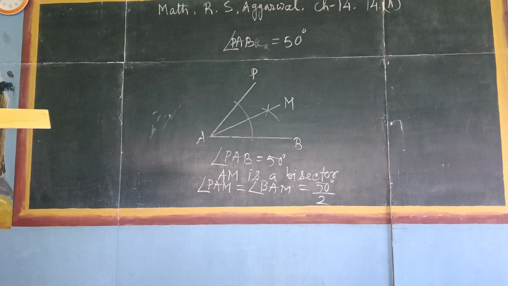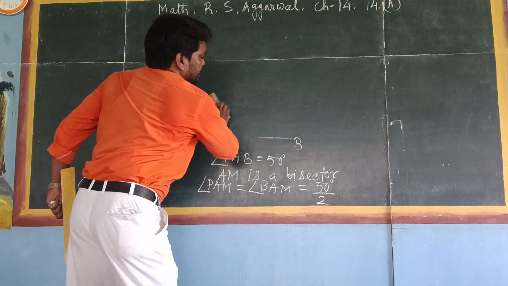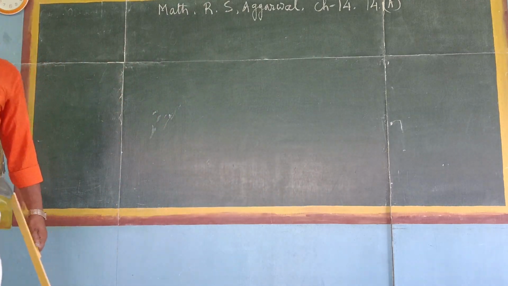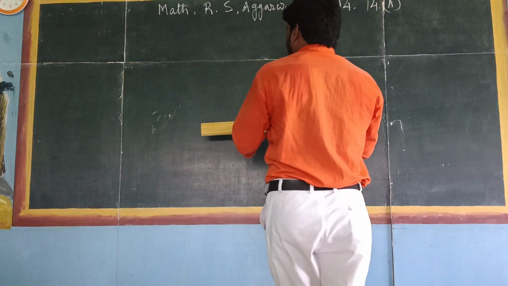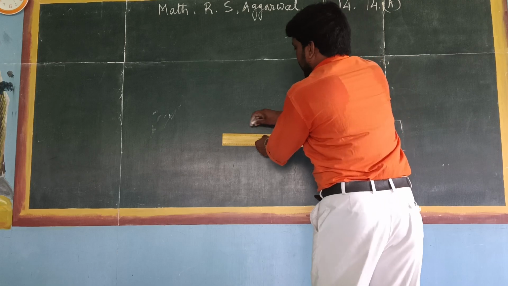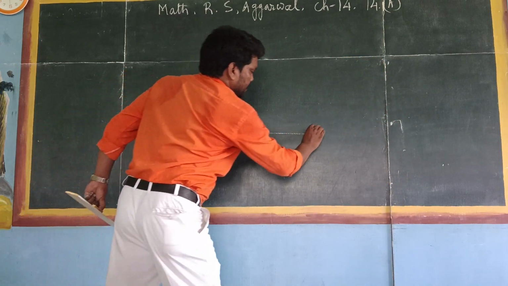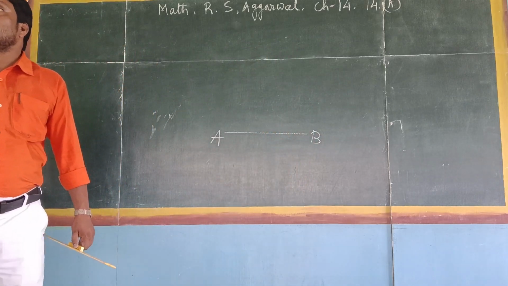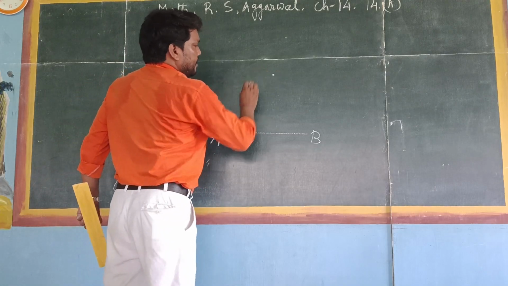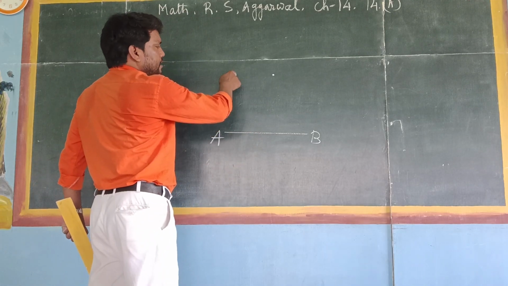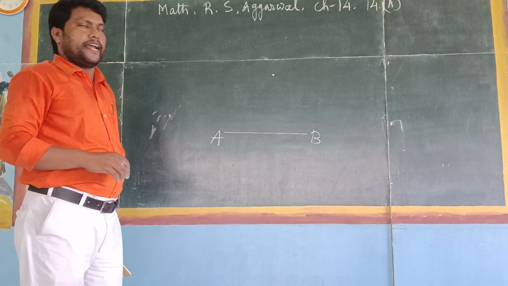So at first, the question says to draw a line segment AB. So at first, by using the scale, draw a line segment AB. Suppose it is AB. Take a point outside the line. You may take the point here, any place.